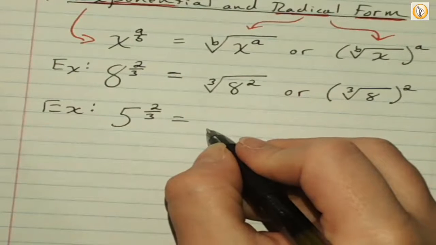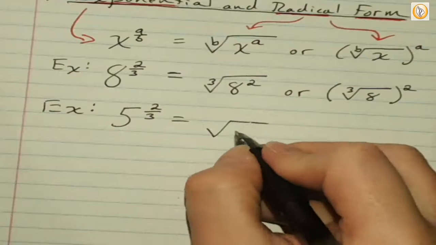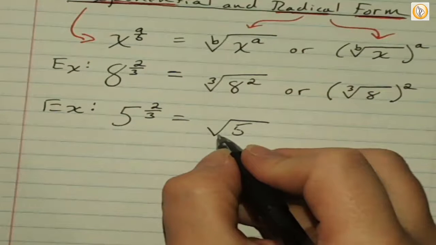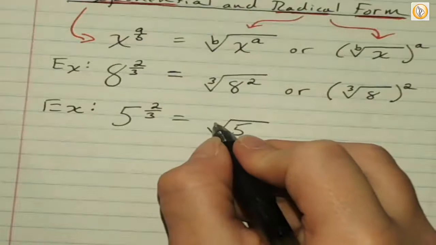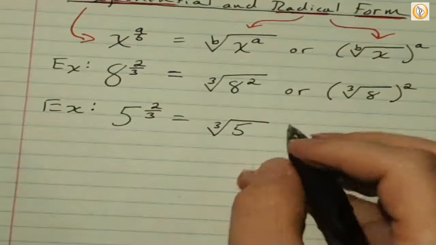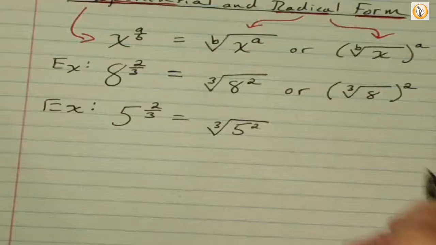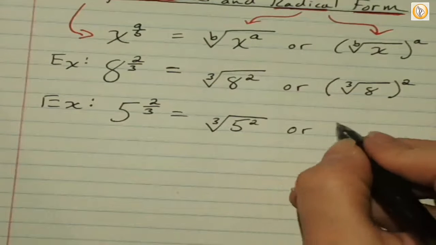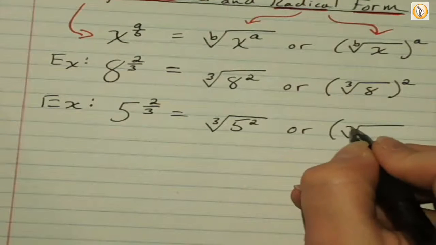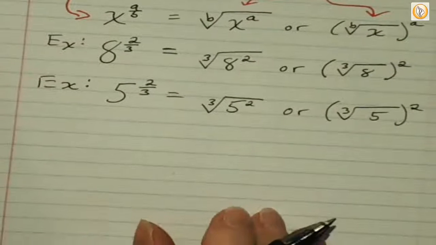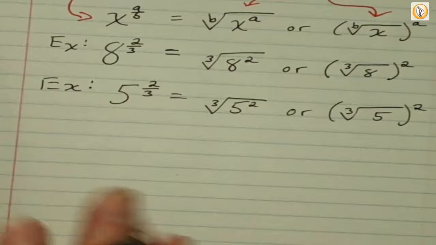I don't know what it's called. Radical. Okay. And then you're going to put the 3 in the little check thingy, and then you put the 2 right there. Or we can do the parenthesis, which is fine. There you go.